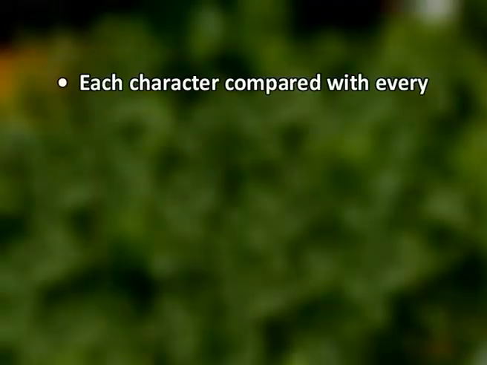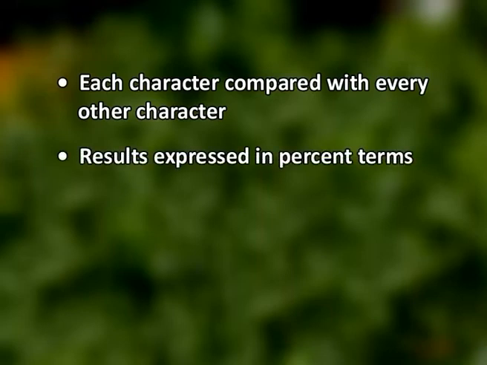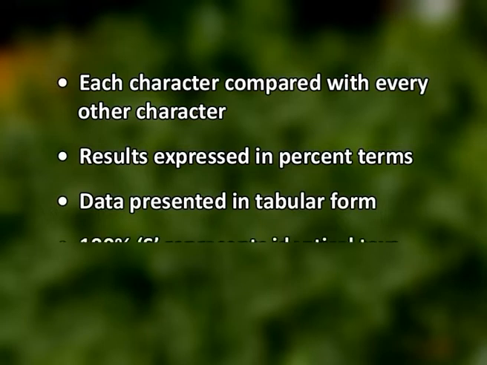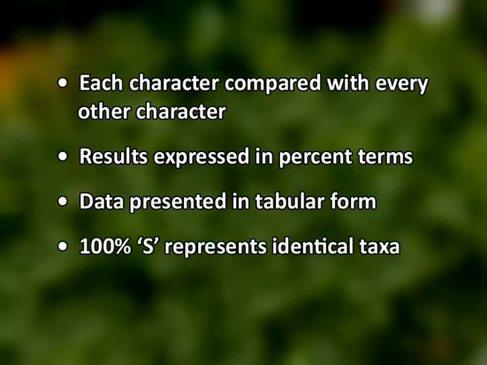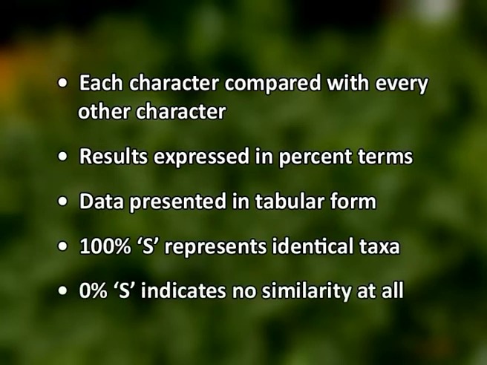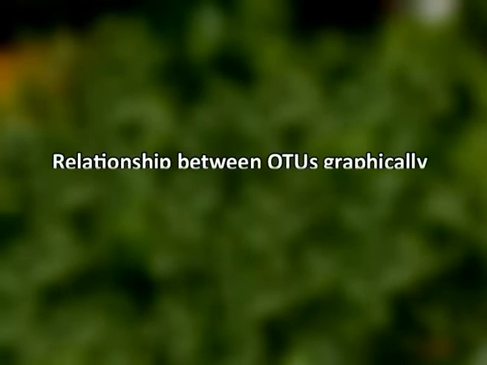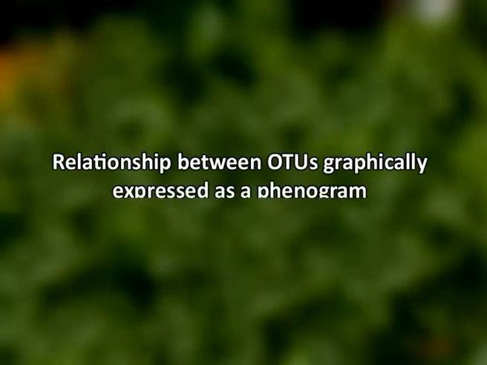Each character is compared with every other character, and results are expressed in percent terms, and data are presented in tabular form, wherein 100% S represents identical taxa and 0% S indicates no similarity at all. The relationship between OTUs is graphically presented in the form of a phenogram.